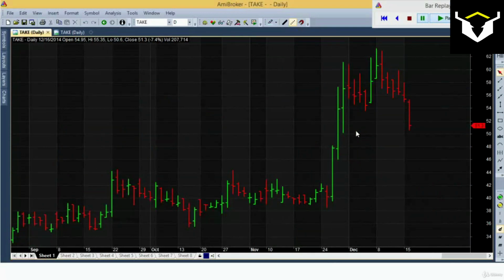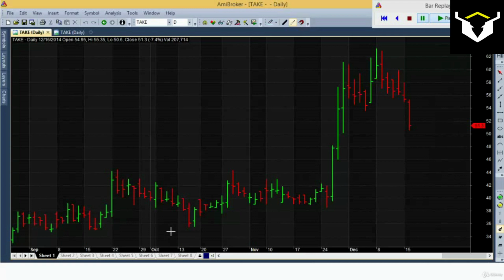Our next example is a script called Take, and you can see prices have moved exceptionally from this low to this high, and as of the last bar, prices have retraced back some of its gains. Now we will plot our retracement levels to see what level will act as a support zone for these prices.